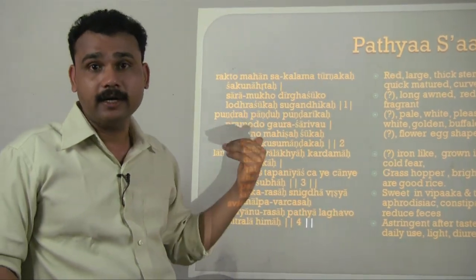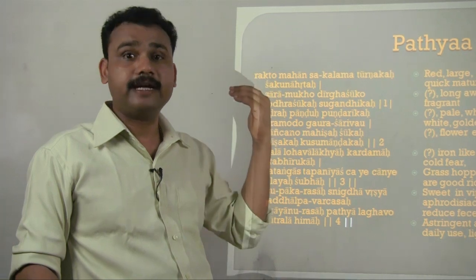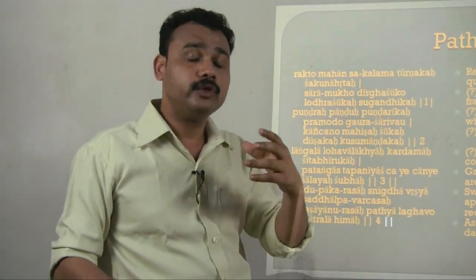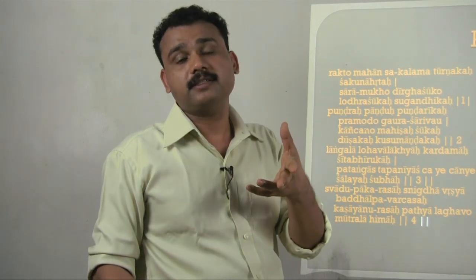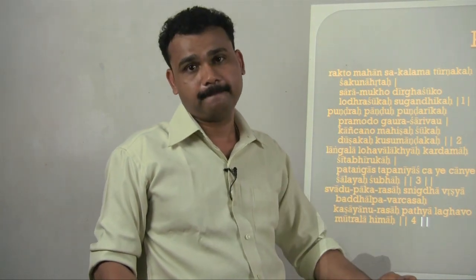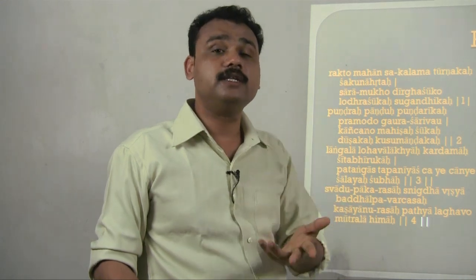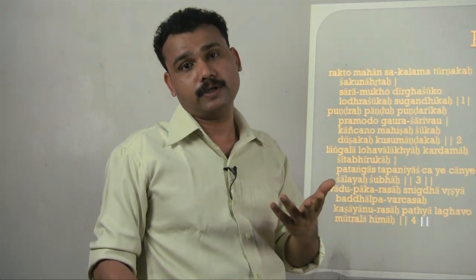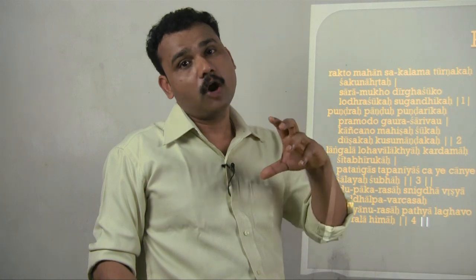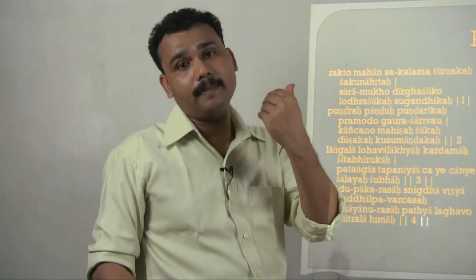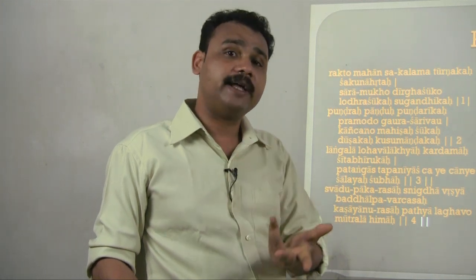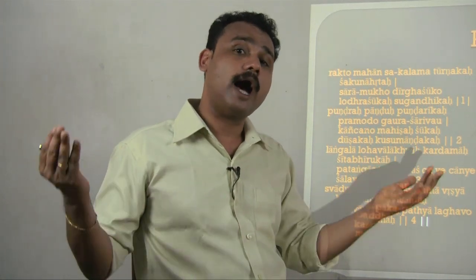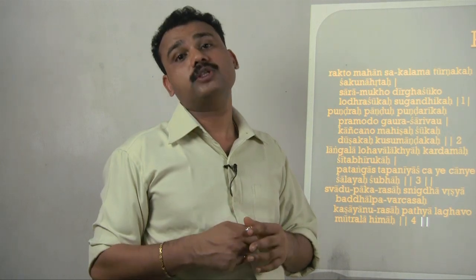You have already heard from me different criteria. You cannot just sit and study the chemistry of a substance and say whether this is good or bad. You need to look at the season in which a grain is produced. You need to see how many days the grain takes to mature. You need to see the color. You need to see the climatic conditions. So this is how Ayurveda looks at a substance.